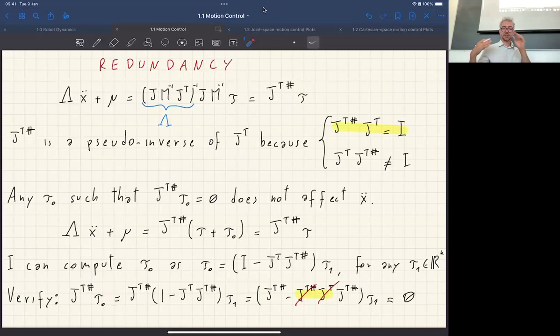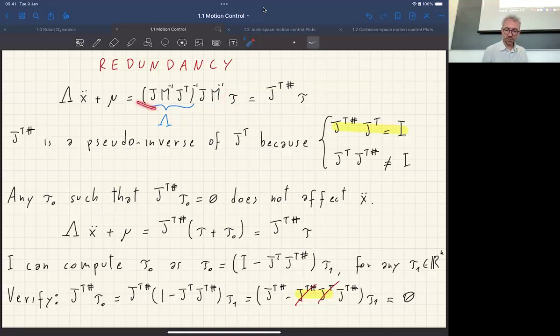How can we characterize redundancy and analyze it in a mathematical way? Well, I think a simple approach is to start from the operational space dynamics, which we just derived. So lambda x double dot plus mu equal to lambda J M inverse tau. This is the expression that we derived before replacing tau with J transpose F_C, if you remember.